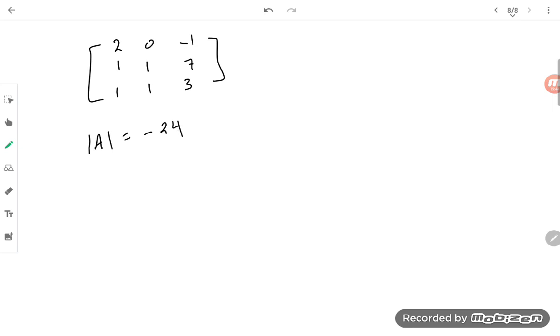As we said, only the sign is going to change. And finally, you can multiply a row or a column by a fixed value, say by 2.